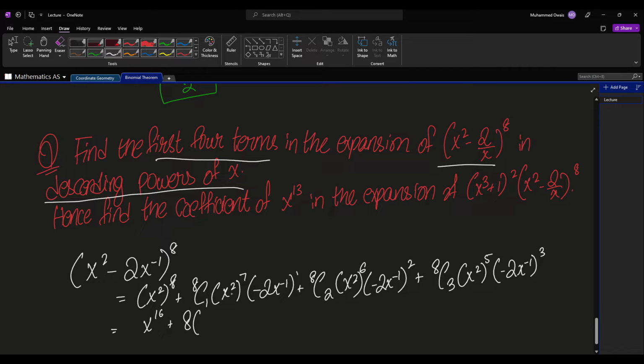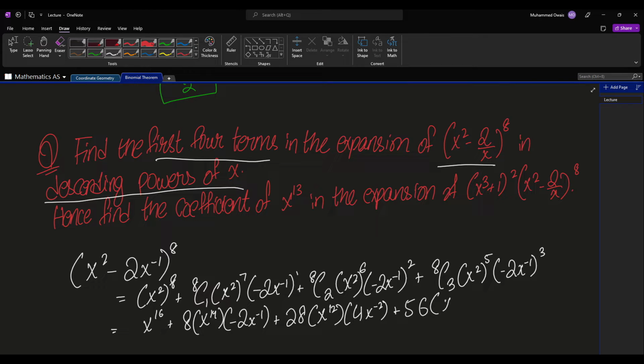Same goes here: 7 into 2 is 14, so x to the power 14, and this remains the same, 2x to the minus 1, and 8C2 is 28. This is 12, 6 2s are 12. Now squaring it, this negative will go away, so this becomes 4x to the minus 2. Remember, this minus 1 is not squared, it is multiplied with 2, so this becomes minus 2. And lastly, 8C3 gives us 56, and this becomes 10.